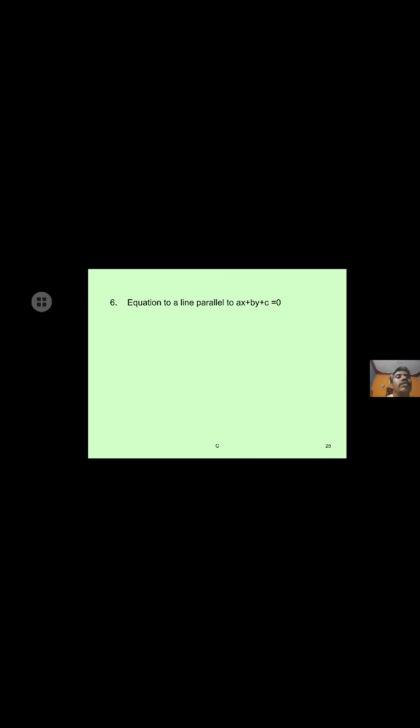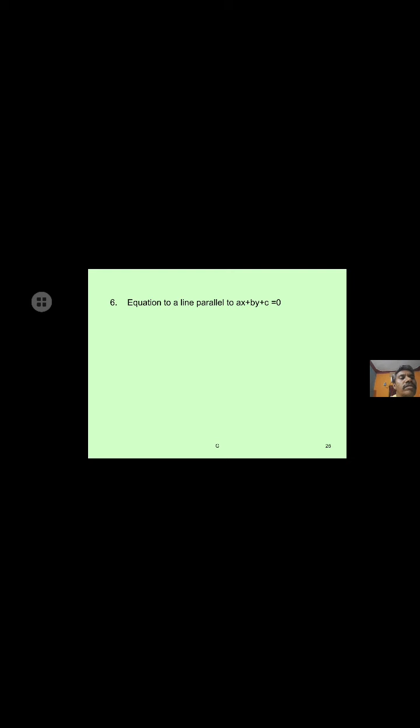Next, sixth one. Equation of a line parallel to ax plus by plus c equals to 0. We already discussed. Parallel means the x coefficient and y coefficient of both line equations should be the same.